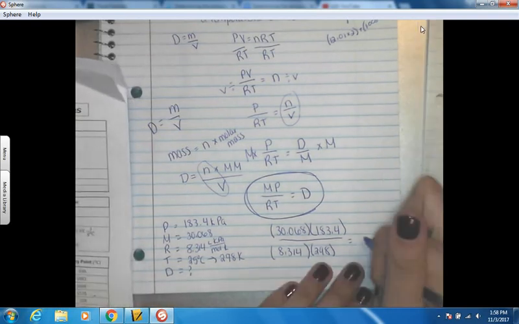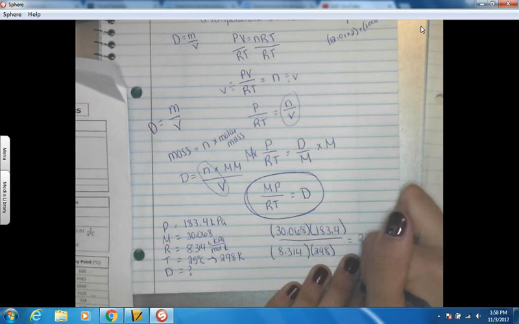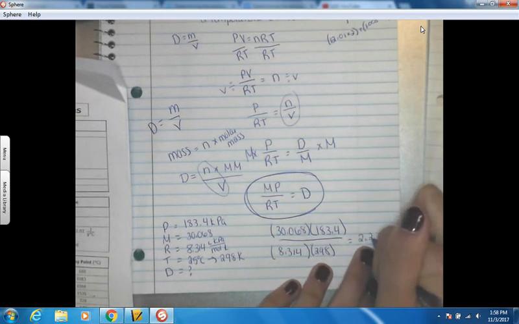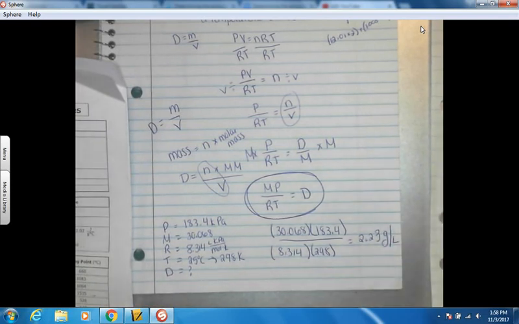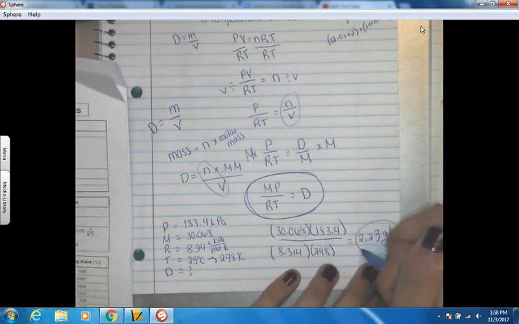The density that I got here is 2.23 grams per liter, because we know that density has units of grams and liters.